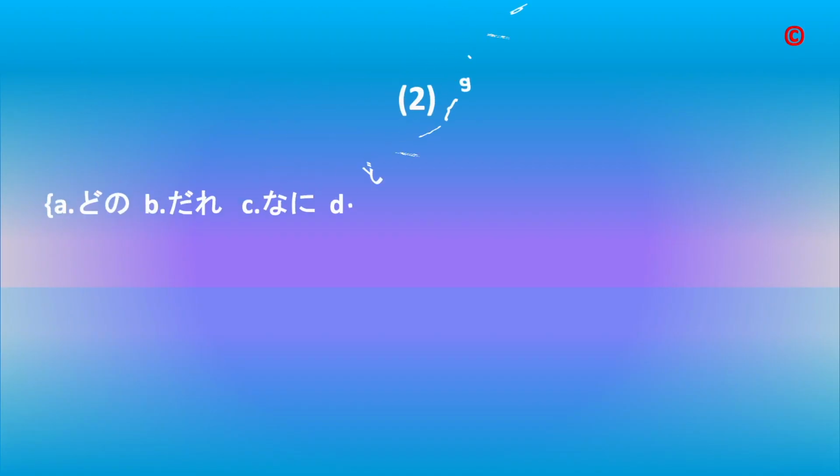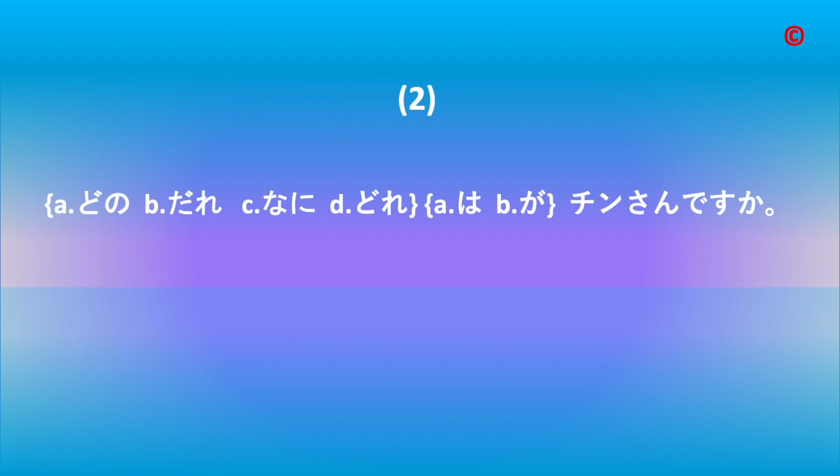Let's check the following question. どの、誰、何、どれ、は、が、陳さんですか？ You have to choose one of them. There are two brackets.